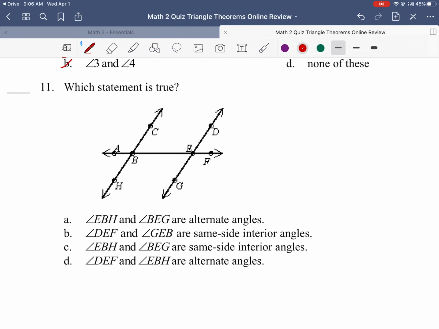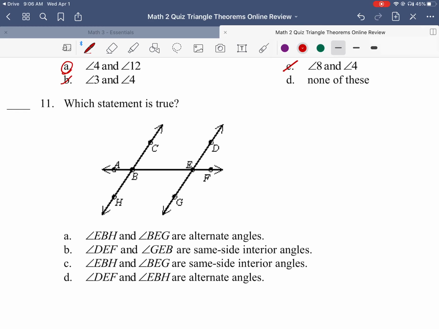Okay. Which of the following statements is true? Angle EBH, so this angle, and BEG, this one, are alternate interior, or alternate angles. So they're on the same side, so they're not alternate of my transversal.